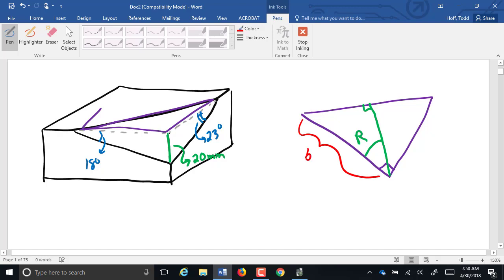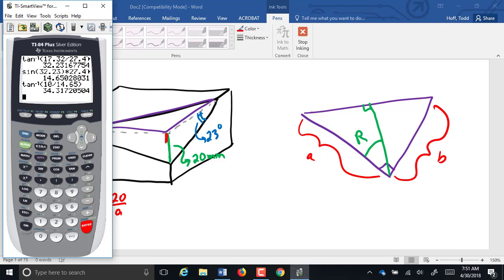So one of the first things we need to do is to find this dimension here, which would be little a, and this dimension here, which would be little b. Of course, little a goes from here to here. What'd you come up with for that? 61.554.